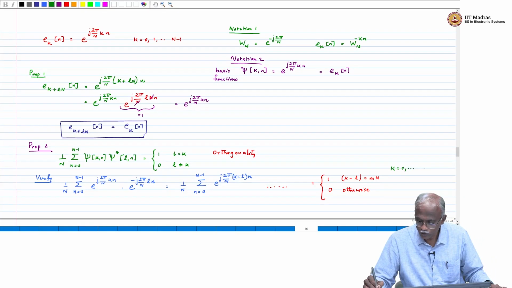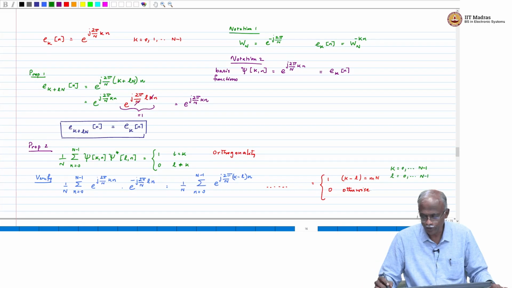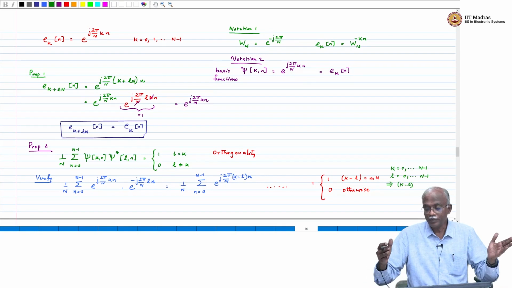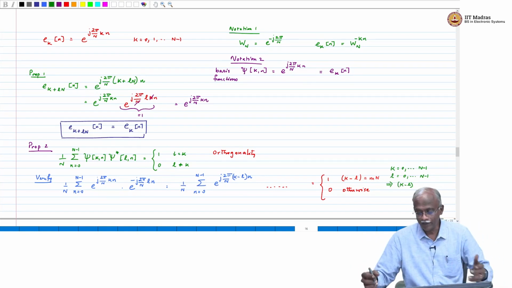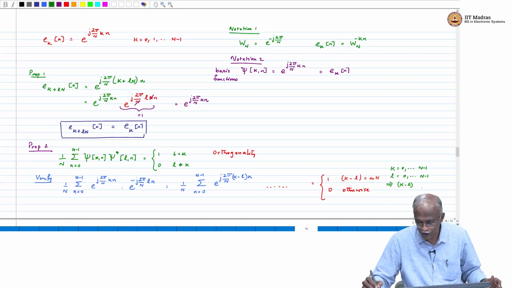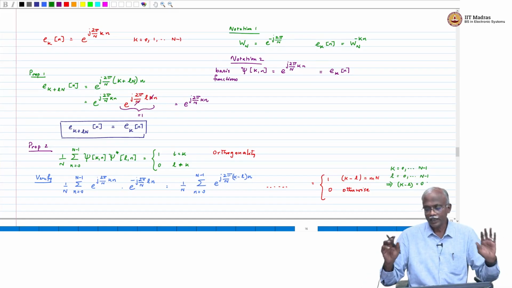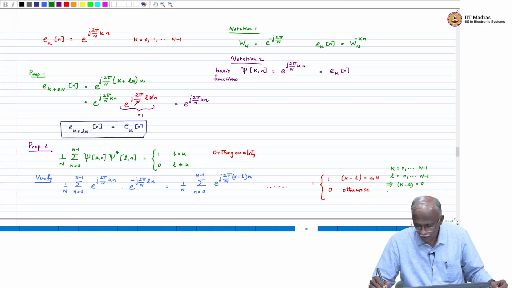K is 0 through n minus 1, and L is 0 through n minus 1. So k minus L cannot be any arbitrary multiple of n. The only multiple of n that you can get is 0. So k minus L equal to 0, or k equal to L.